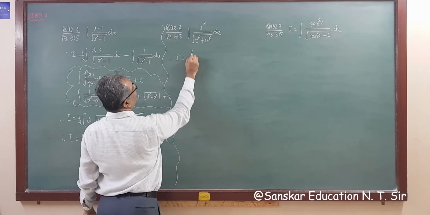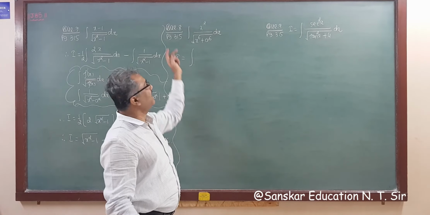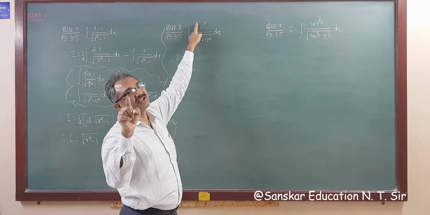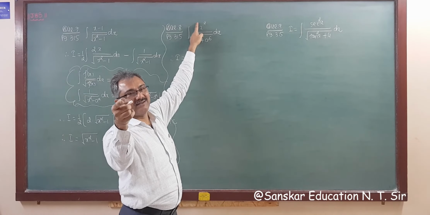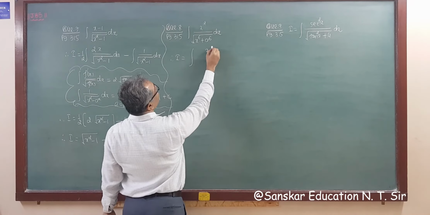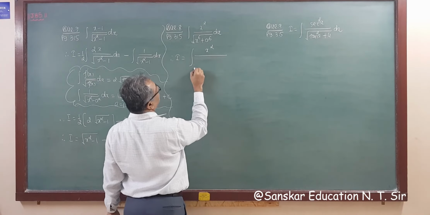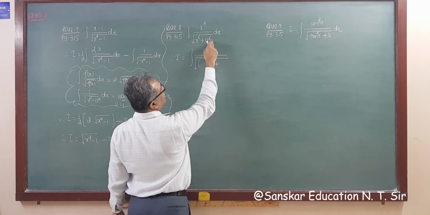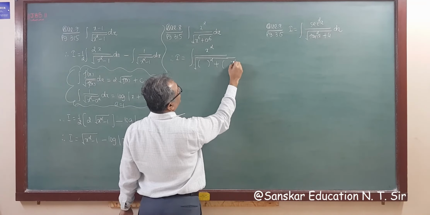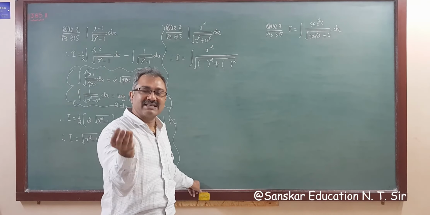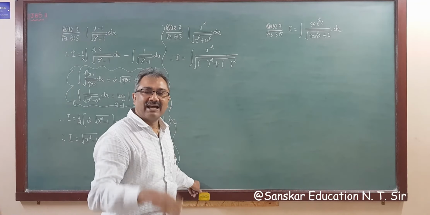So I is equal to, also one hint is there. Here is x square. So you have to assume x cube, because the derivative of x cube is 3x square. So don't worry about the constant, right? So that's why this is x square whole upon square root of, I want here only square plus here only square, because all formulas have x square plus a square, either a square plus x square, either a square minus x square, either x square minus a square.